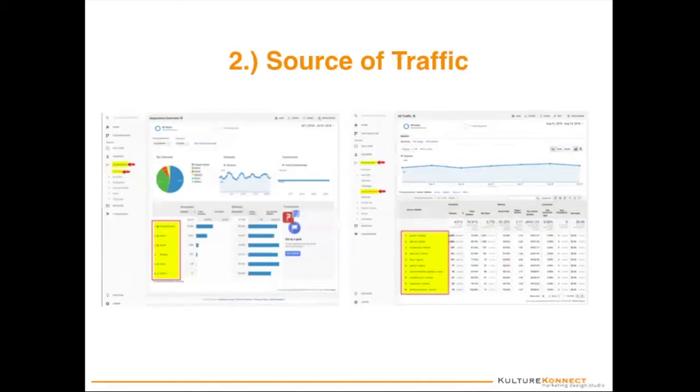So for example, let's say you do social media marketing and you do email marketing, and we have our direct traffic to our website. Our source of traffic is going to tell us the percentage and how many visits we've had from social media, from email marketing, and from our direct organic traffic to our website.